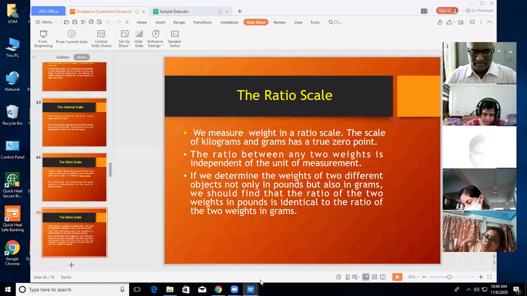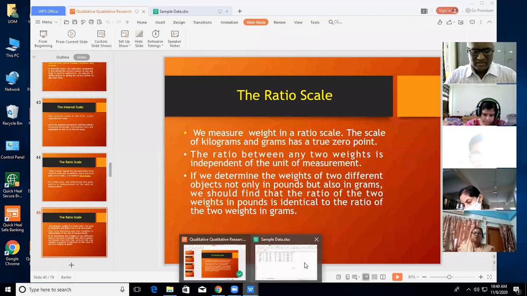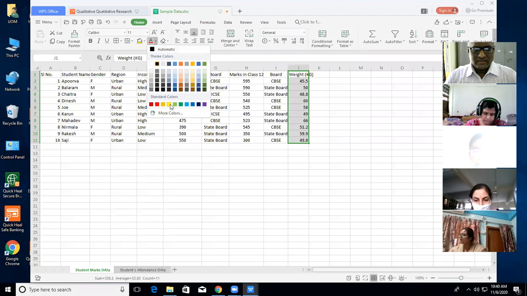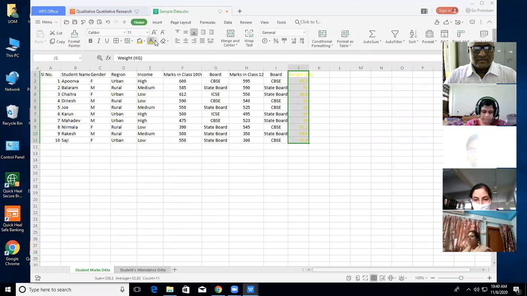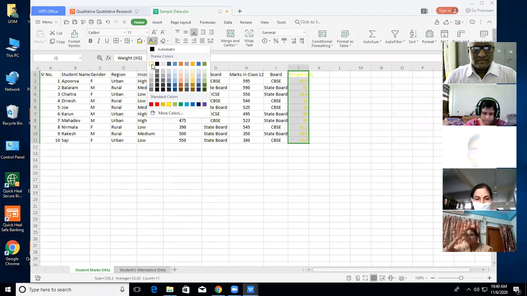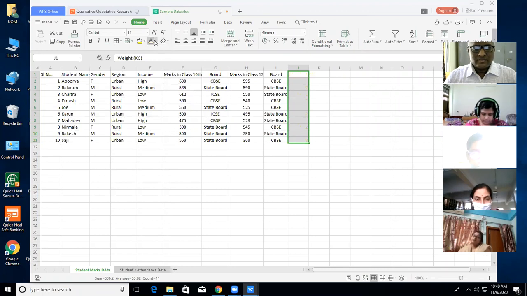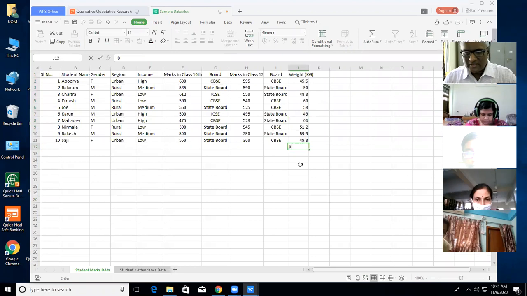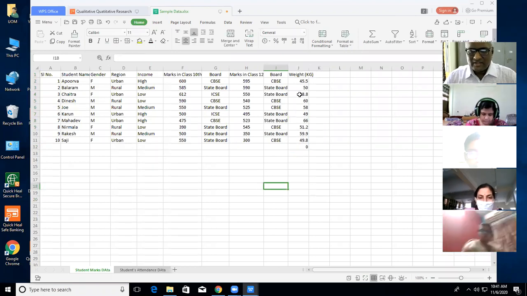I give the example here. I can show you the Excel sheet here. Suppose you see your Excel sheet, I take the weight of the students here. Weight of the student: 45.5 kg, 50 kg, 48 kg, 60 kg. This has a zero unit, means we start with zero and we measure the weight of the students.